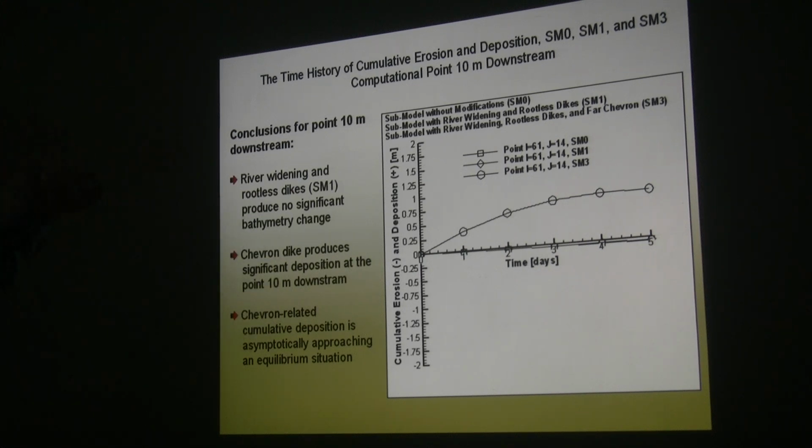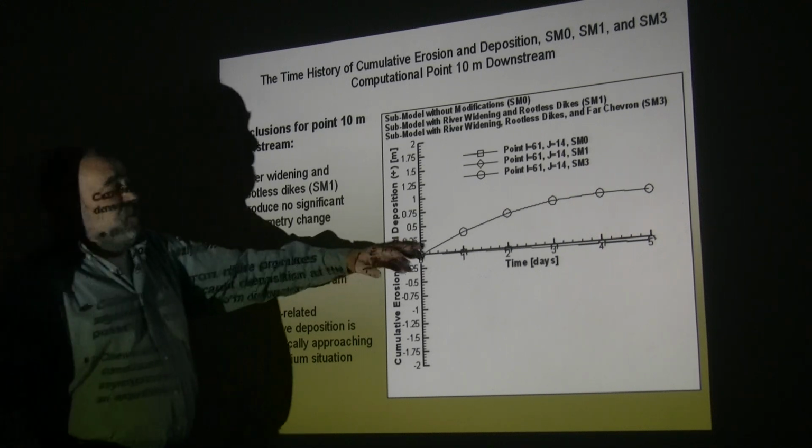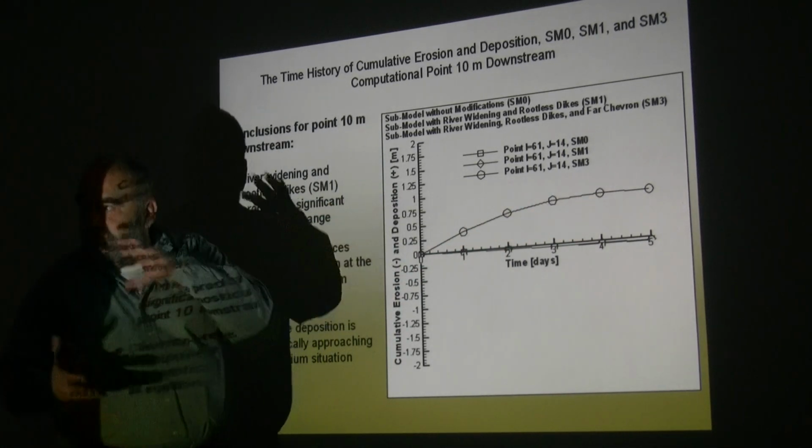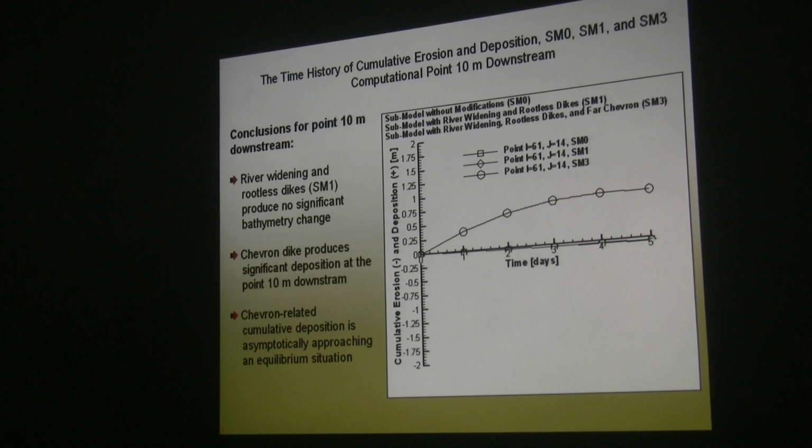If we look at the previous picture, we see that the deposition area is far larger than the erosion area, but the deposited amount is about half of the depth of the hole that was dug at the upstream point.